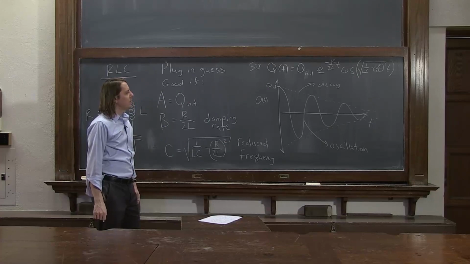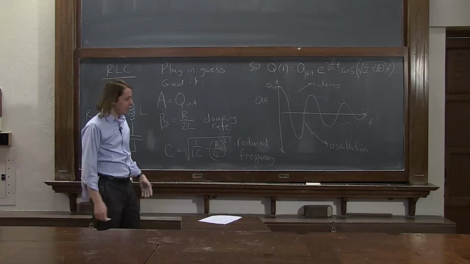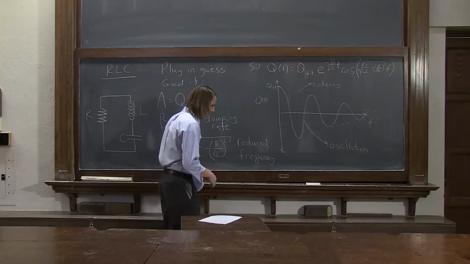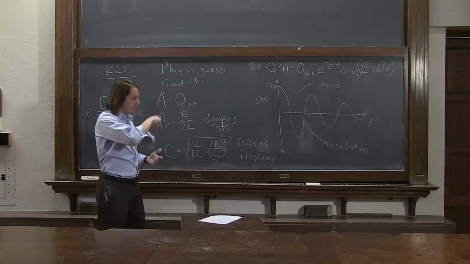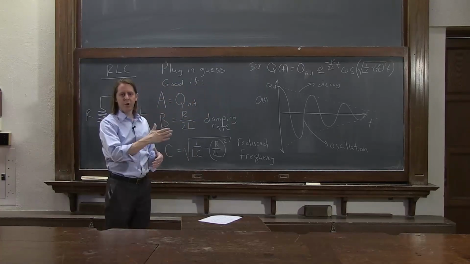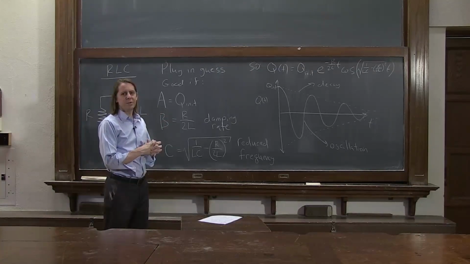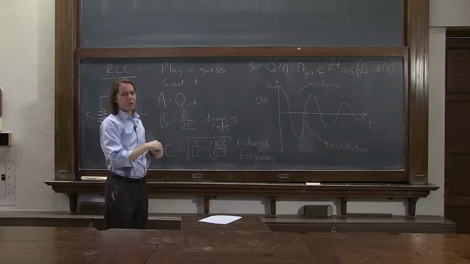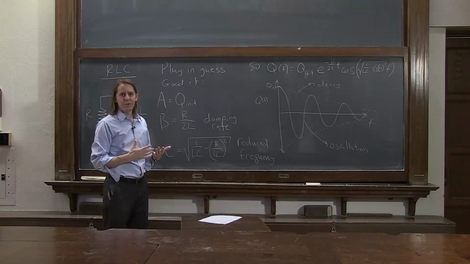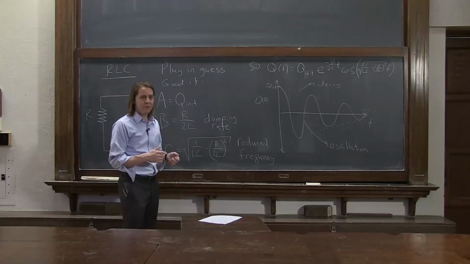Let's see, I could demonstrate this for you, but I already did. If you think back to when we demonstrated the LC circuit, the answer we derived was an oscillation, a sinusoid that sort of just went on forever. But if you look closely at the actual behavior that I showed you on the screen, you could see that it was going down. And that's because the real LC circuit I demonstrated had resistance in it. The wires have resistance. It's low, but it's not zero.